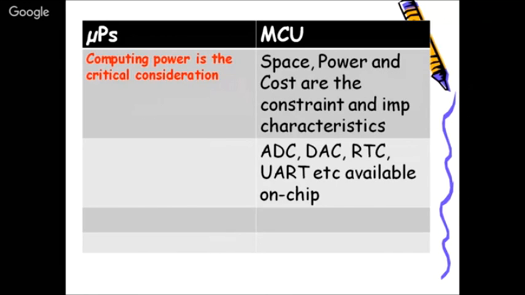The microcontroller is known for these three features: cost effectiveness, space effectiveness, and power efficiency. And peripherals like analog and digital peripherals, like we saw yesterday with the mixed signal controllers, are available on chip.